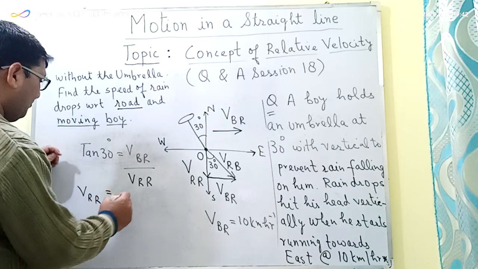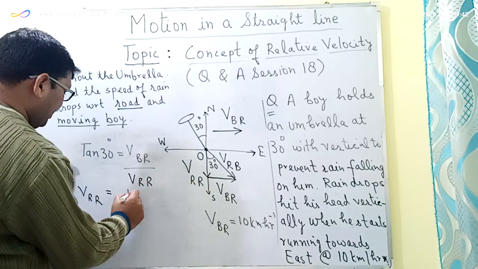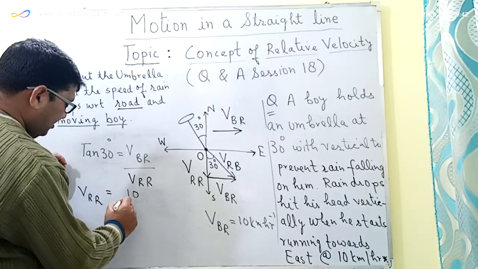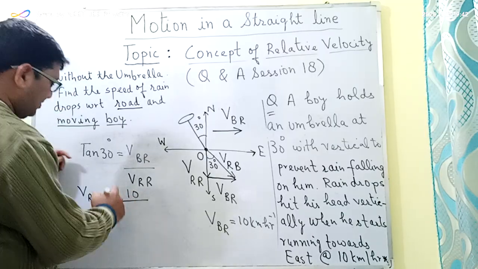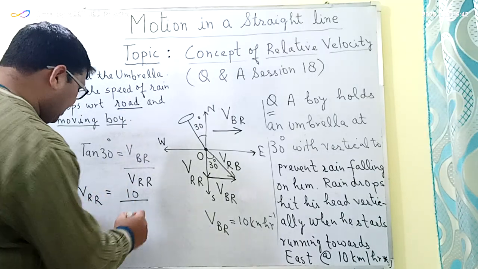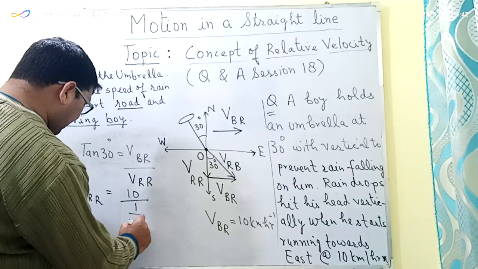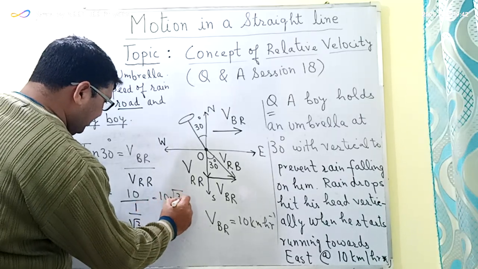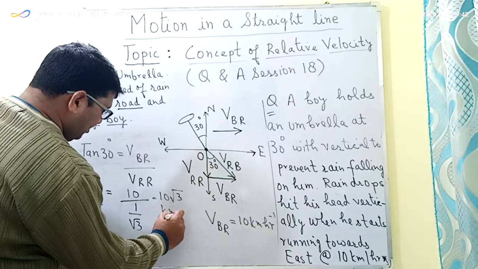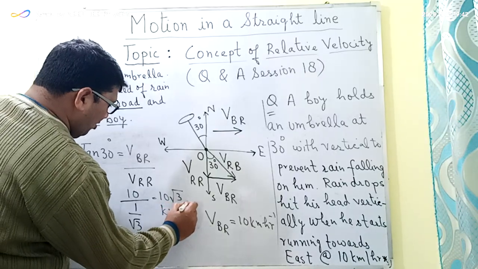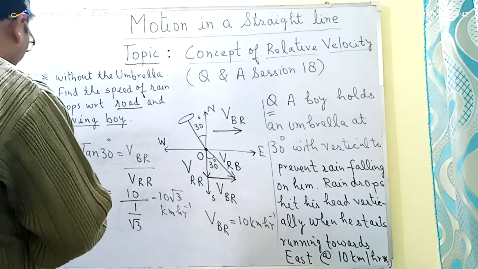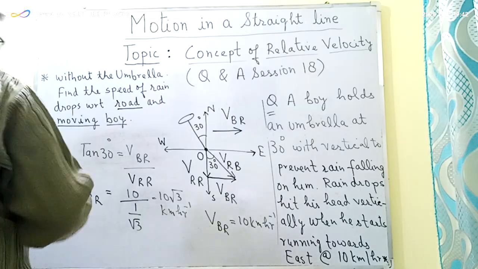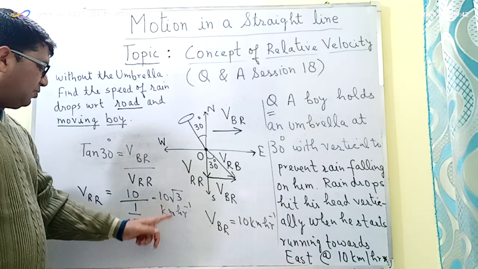This is equal to VBR divided by tan 30, that is 10 divided by tan 30. So tan 30 is equal to 1 upon root 3. So this is equal to 10 root 3 km per hour. So the velocity of the rain drop with respect to the road is equal to 10 into root 3 km per hour.